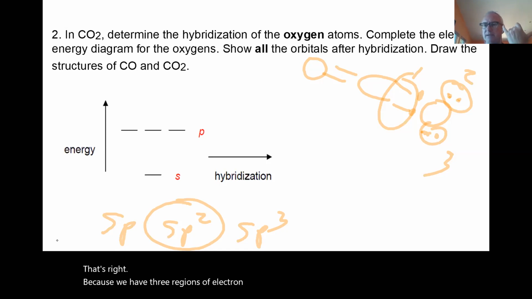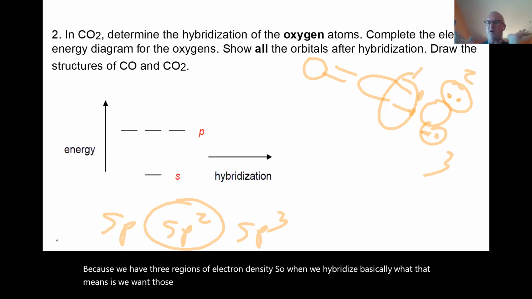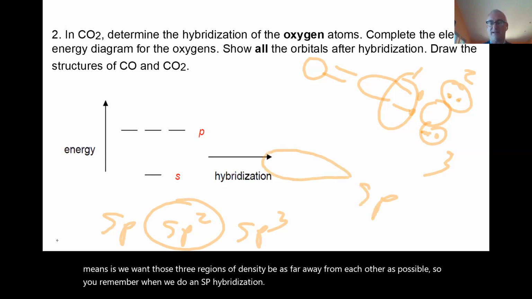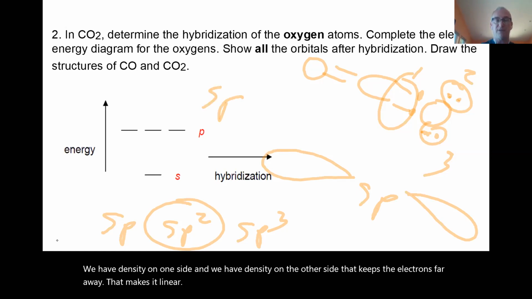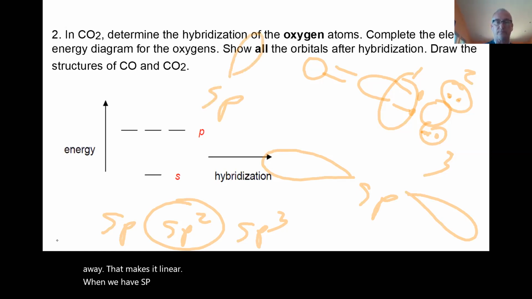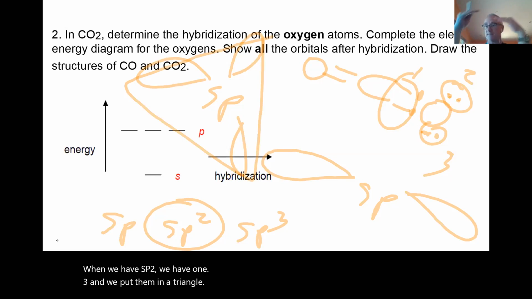So when we hybridize, basically what that means is we want those 3 regions of density to be as far away from each other as possible. So you remember when we do an sp hybridization, we have density on one side and on the other side. That keeps the electrons far away. That makes it linear. When we have sp2, we have 1, 2, 3, and we put them in a triangle because that keeps those hybridized electrons as far away from each other as they possibly can.